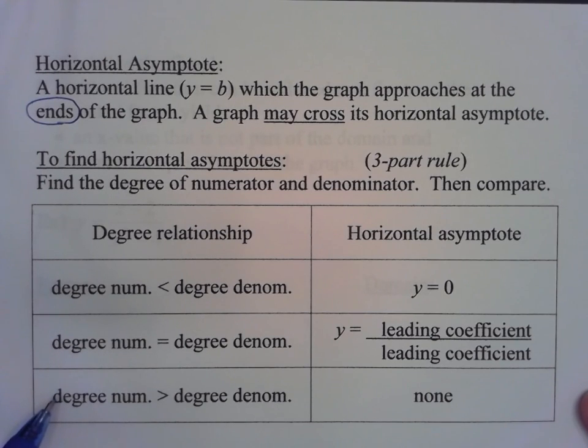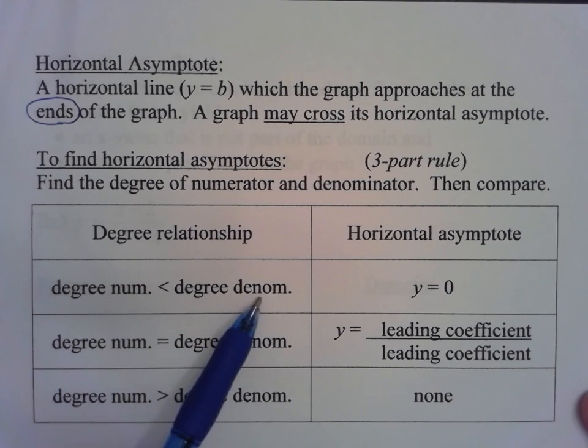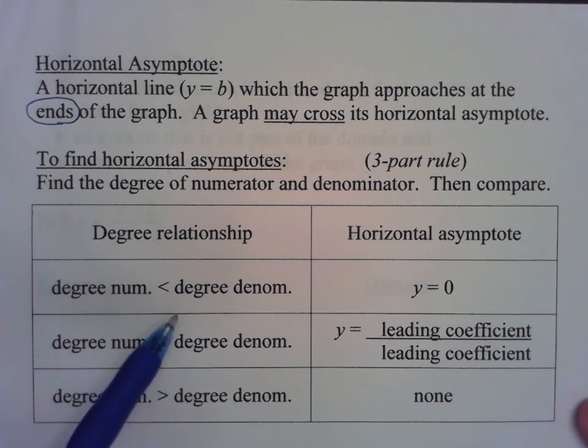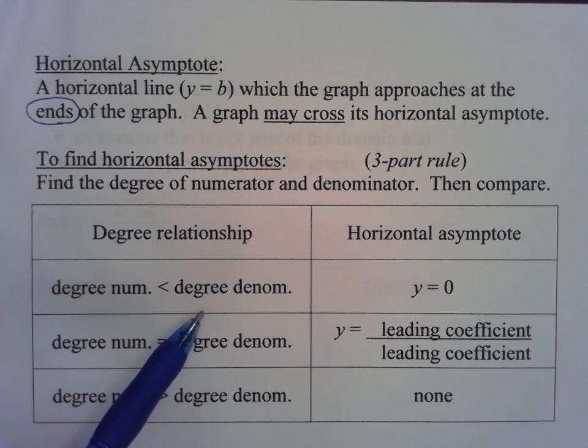To decide the horizontal asymptote, we can compare the degree of the numerator and the degree of the denominator, the numerator being the top and the denominator being the bottom of the fraction. So they're sort of in a competition, and depending on who wins or if they tie, that can determine what happens at the end.